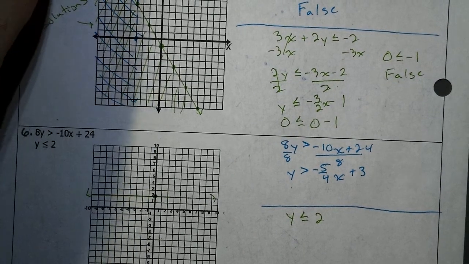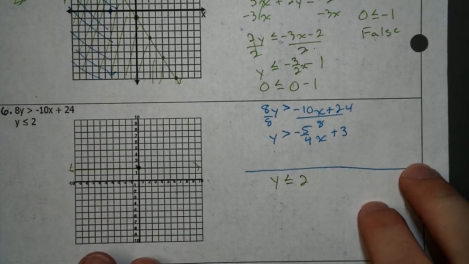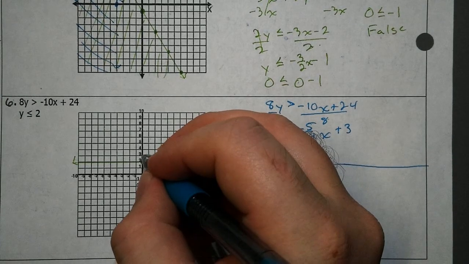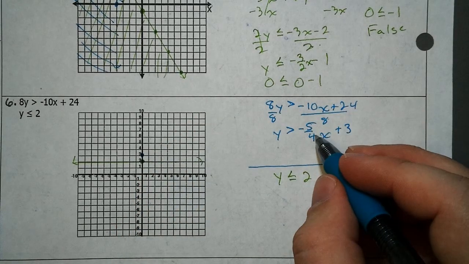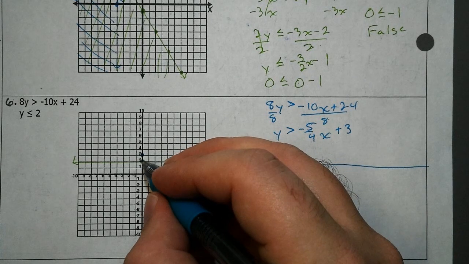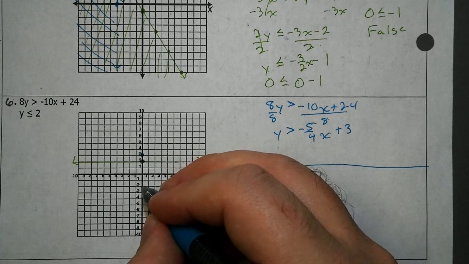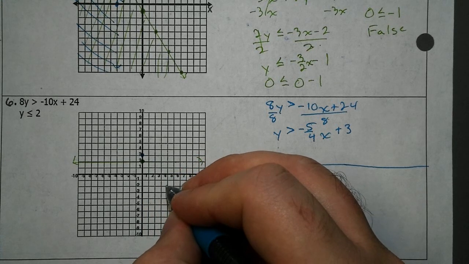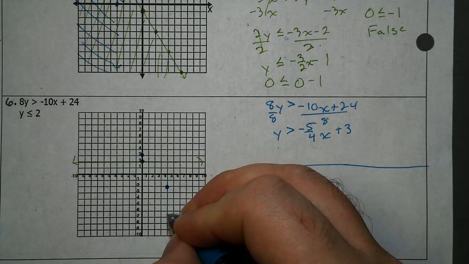Now for my other line, +3 is my intercept, 1, 2, 3, and then my slope is -5/4. So I'm going to go down 5, over 4.